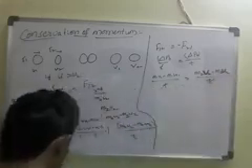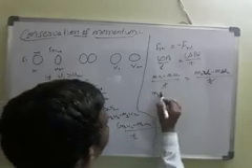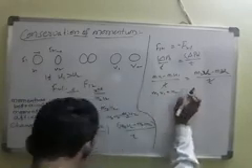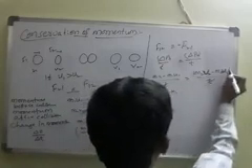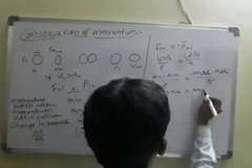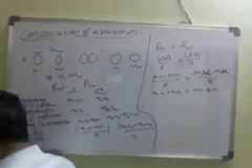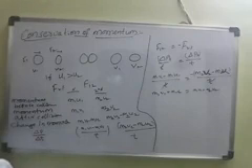The t cancels. After solving, we get m1 u1 plus m2 u2 is equal to m1 v1 plus m2 v2. That is the total momentum of the two marbles before collision equal to after collision.